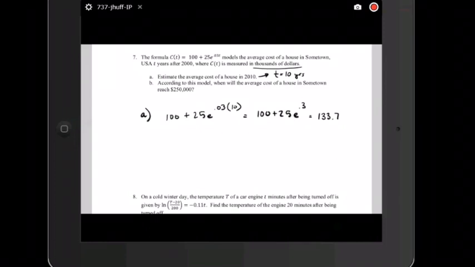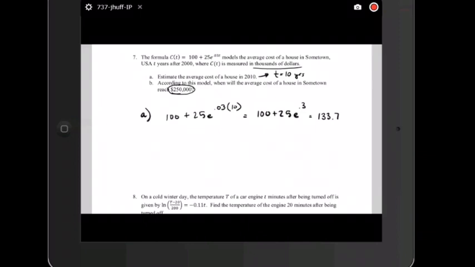So according to this model, when will the average cost of a house in some town, USA, reach 250,000? The pitfall students can make here is, first of all, not knowing where to plug in this value.